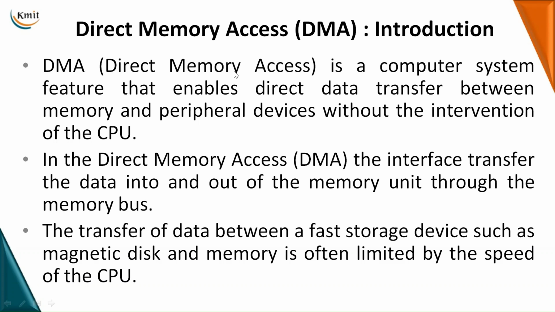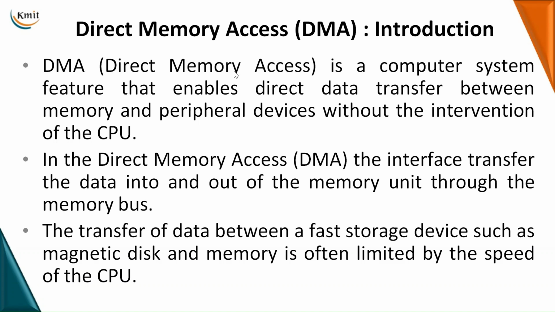If you consider the previous lectures, where we discussed approaches like the polling mechanism and interrupt initiated IO, where you come across a daisy chaining mechanism and priority interrupt, in those cases, whenever information has to be transferred between IO devices or peripheral devices and the memory unit of a computer, it is done with the intervention of the CPU, where the CPU takes whole and sole responsibility of the data transfer.